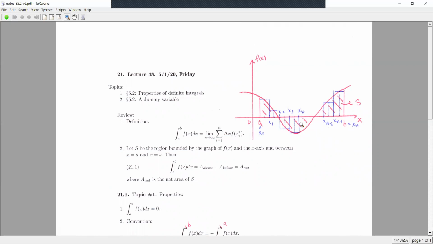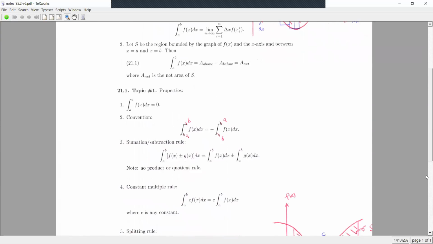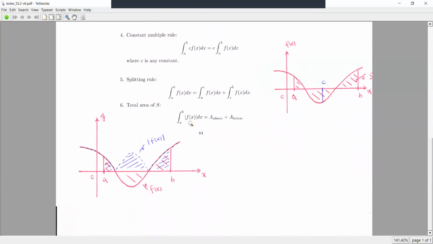But if we want to find the total area of the region S, total area, not net area, total area means the area above the x-axis plus the area below the x-axis. If we want to find it, what can we do? We can take the absolute value of the function f.